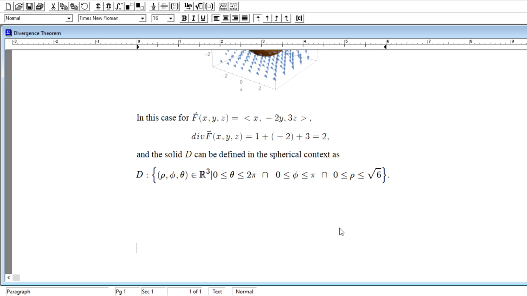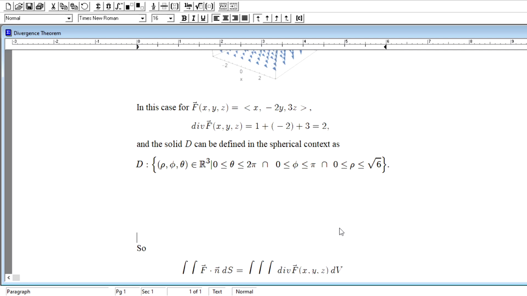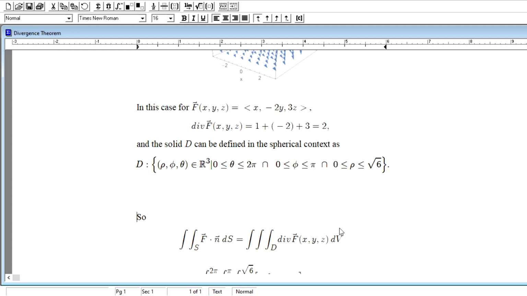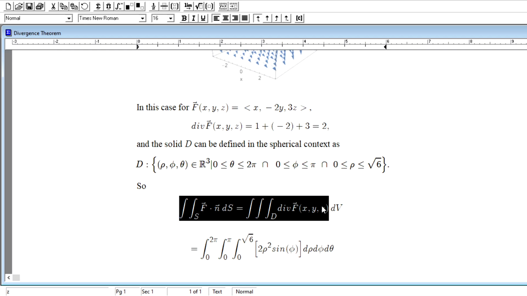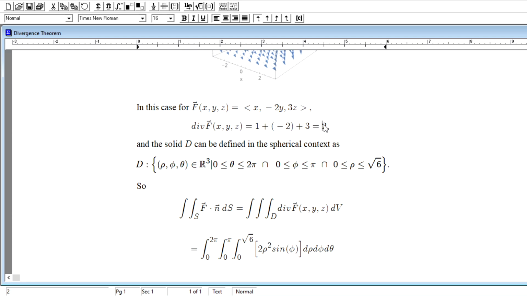In terms of that triple integral, one thing we want to note is that if we're going to approach it in the spherical context, we have to incorporate that Jacobian multiplier, that rho squared sine phi value. What you will notice here is that we have set up what our definition defines as this triple integral by the divergence theorem, where we know the divergence of F bar, which we calculated to be the constant value of 2.